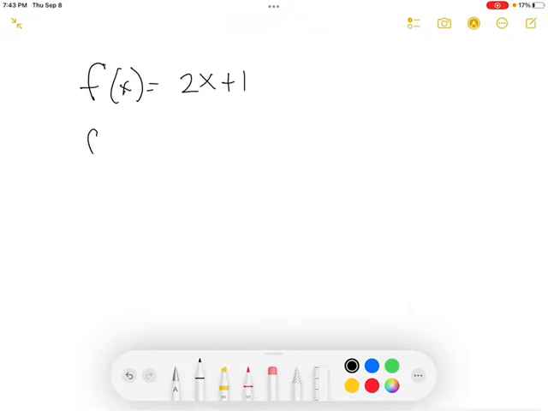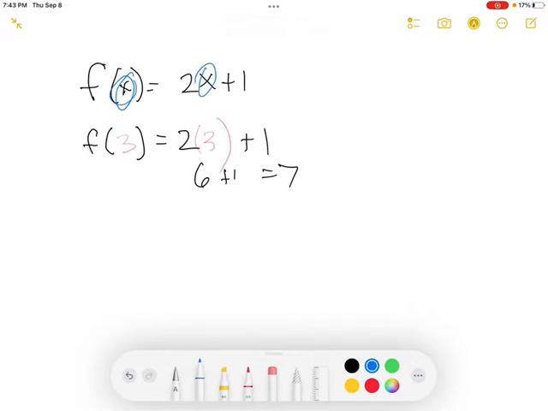Well, if I wanted to find f of 3, then I would do 2 times 3 plus 1. And solving this out, 2 times 3 is 6, 6 plus 1 is equal to 7. So what I did is every time I saw the letter x, I replaced it with a 3. And then we just solved it out.